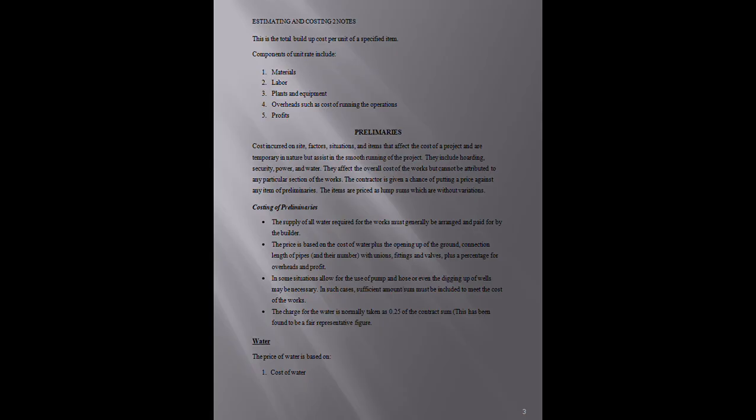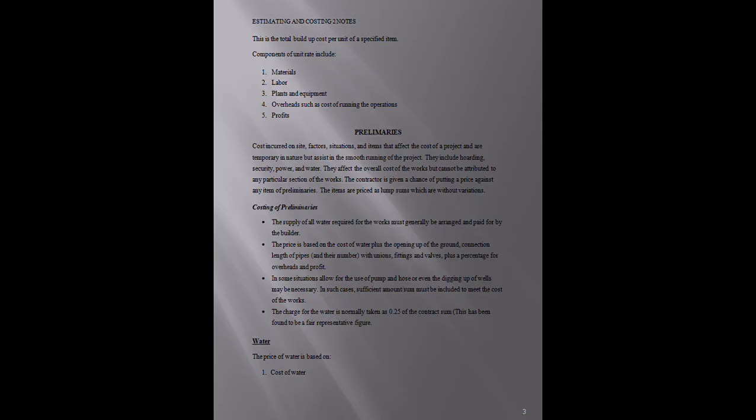So how do we cost the preliminaries? The first one: the supply of all water required for the works must generally be arranged and paid for by the builder. Number two, the price is based on the cost of water plus the opening up of the ground, connection, length of pipes, among others.